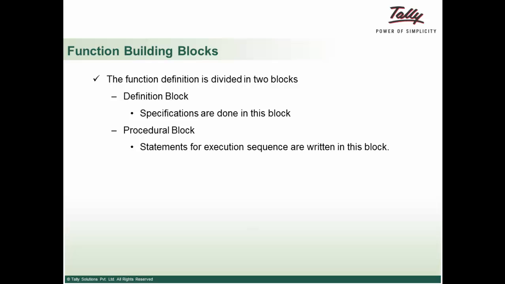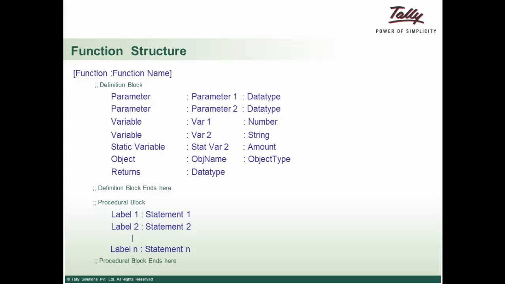Those specifications are provided in the definition block, whereas the procedural block will have the statements of execution, the statements of actions, in sequence. It has to be mentioned in sequence because that is how it will perform the action. So this is one basic structure.